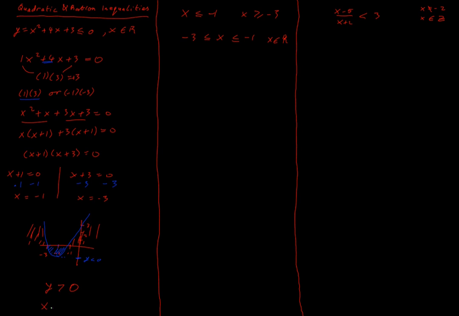So that would be when x is less than -3, and x is greater than -1. So that is what would happen if we were looking for where the y output of our function would be greater than 0. So that's quadratics.